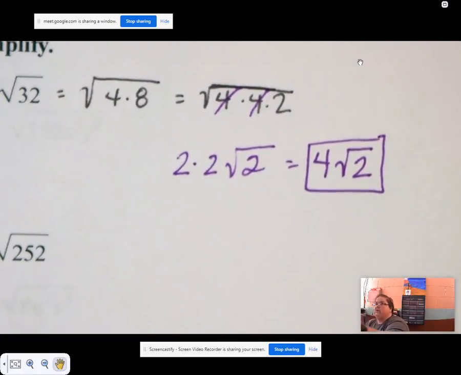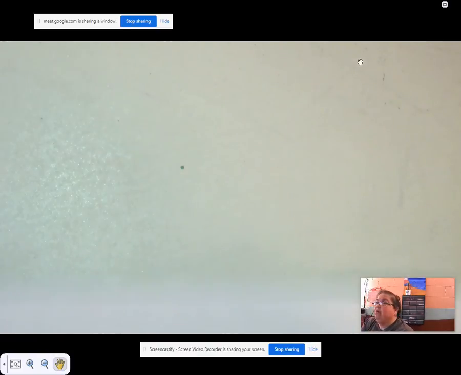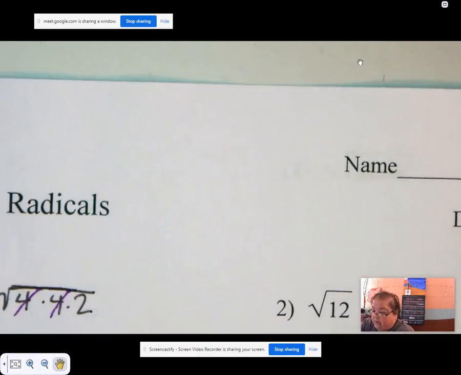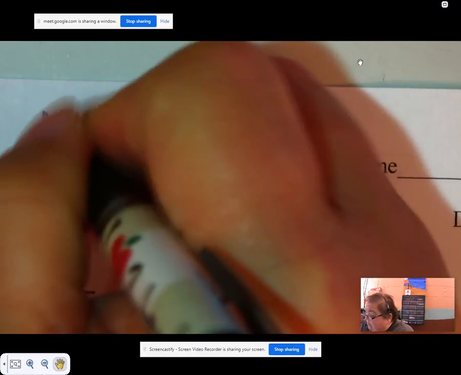Now, notice how that took us a couple of steps to get there. The way to not have all of those steps is to divide by perfect roots. So up here at the top, we're going to write that as a note to self to remind us what to do here.